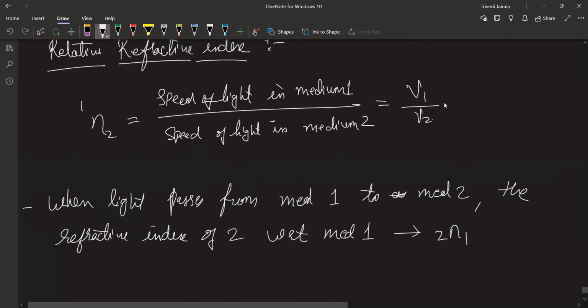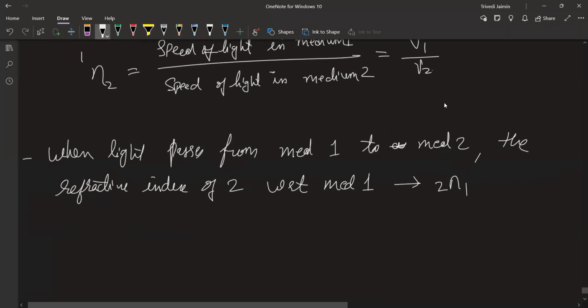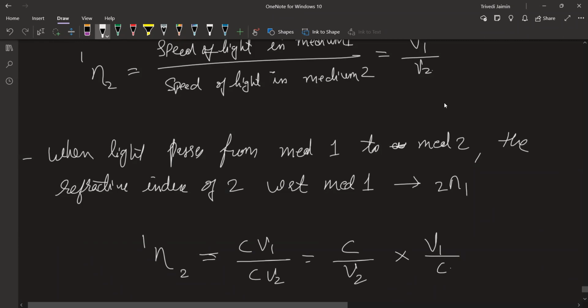Now, if we multiply the above equation with the speed of light, V1 by the speed of light, I can write this as c by V2 into V1 by c. I'm just changing this one here.